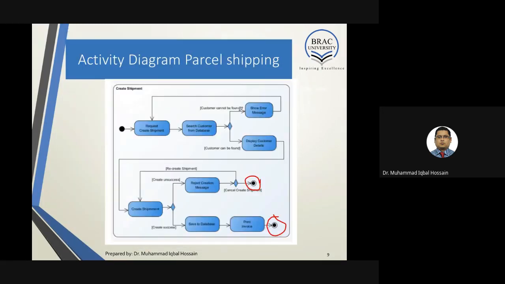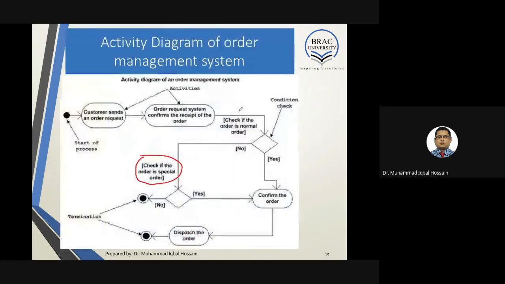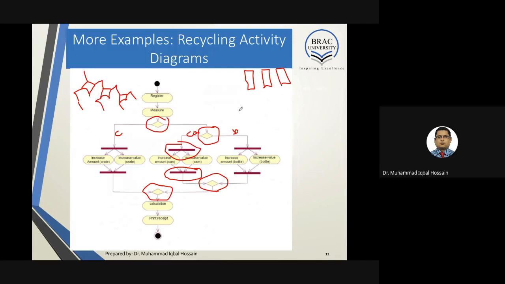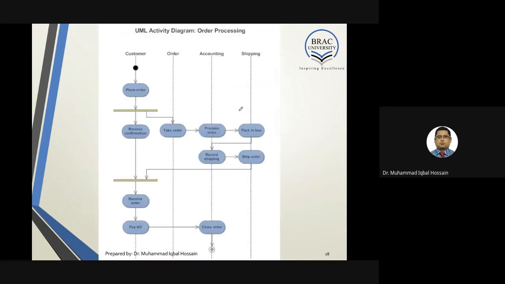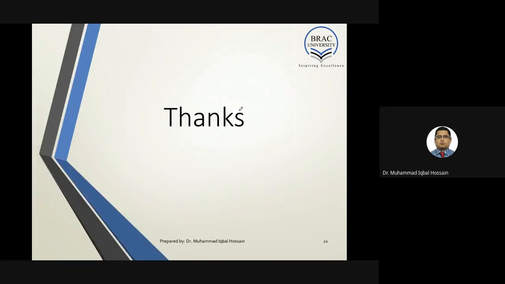In this lecture, we have discussed the sequence diagram and activity diagram. What you have to do is study the syntax of each diagram, how to use them, and take a look at some examples of how they draw those diagrams.